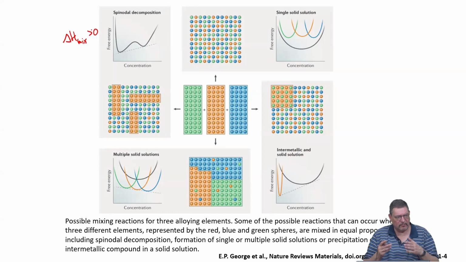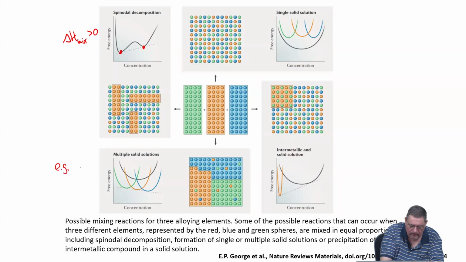This means it basically forms 2 different solid solutions, different in terms of their chemical compositions, because the system would tend to go to these 2 compositions. We could have the situation that energetically it's more favorable to have more than 1 solid solution present. So this would be something like eutectic.